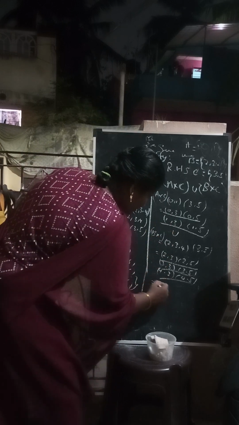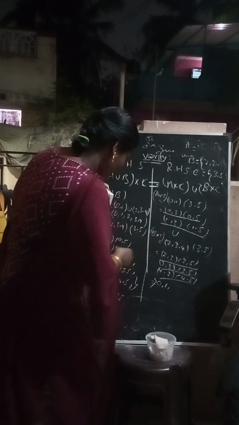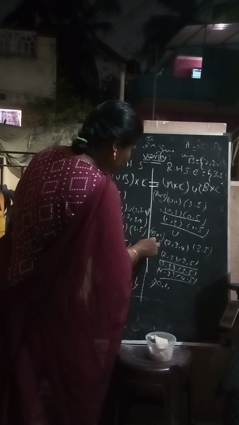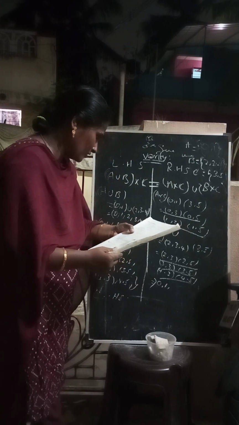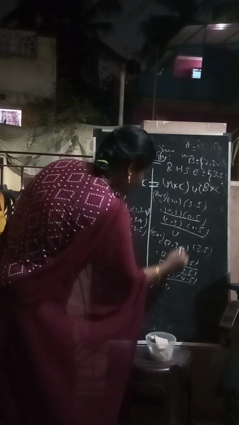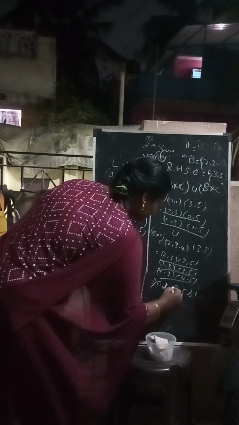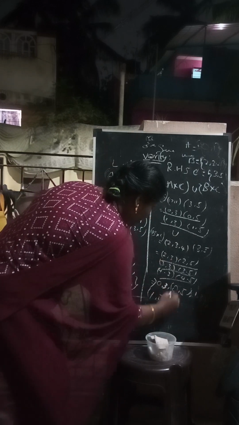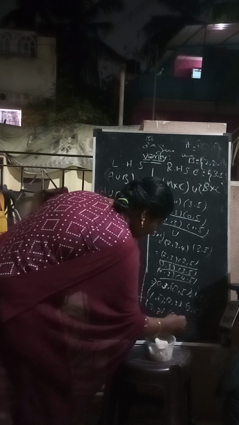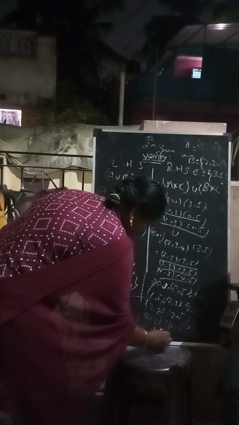So what we get: (0,3), (0,5), then (1,3), (1,5), then (2,3), (2,5), then (3,3), (3,5), then (4,3), (4,5). So this is RHS.